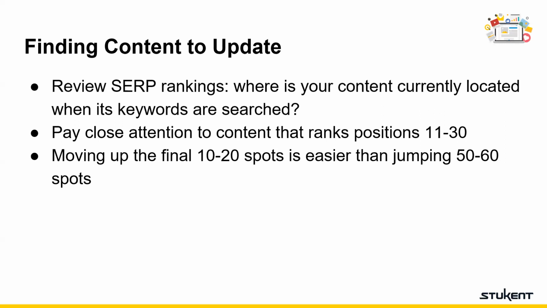When we think about what Google wants to do, Google claims that they are going to try to deliver you, the searcher, the content that is going to provide you with the information that you need, the information that you want, the information that you're looking for. Now, how do you interpret that? Google can be pretty mysterious, but from an updating content perspective, I think of something that's fairly relevant and somewhat fresh.